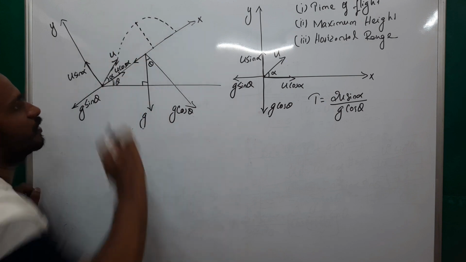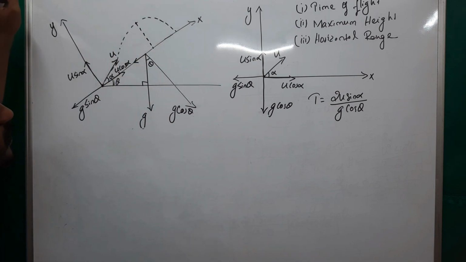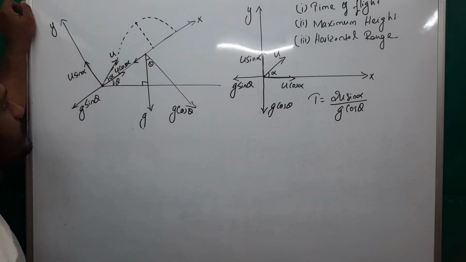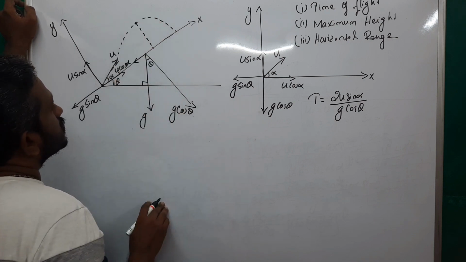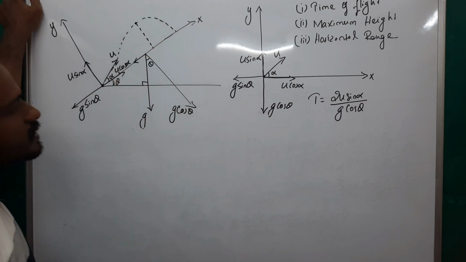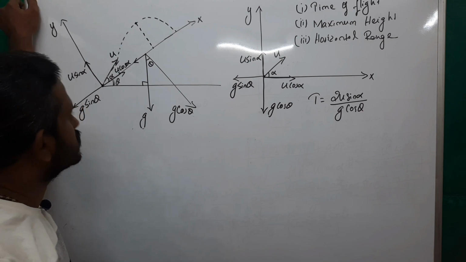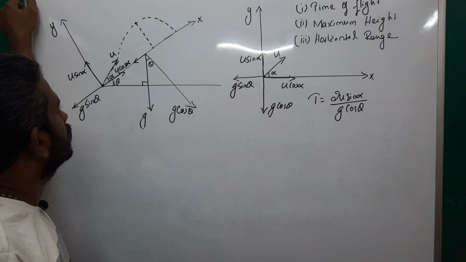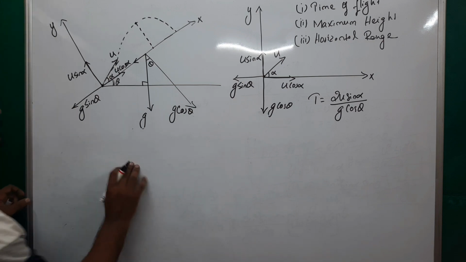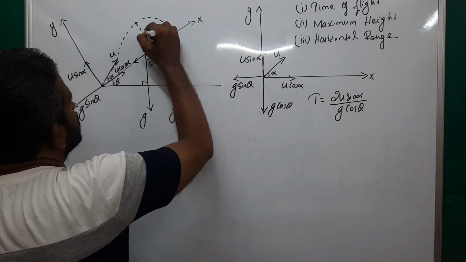From that point onwards, the height decreases. When it reaches the maximum height, the vertical velocity of the projectile is 0. So this is h max.